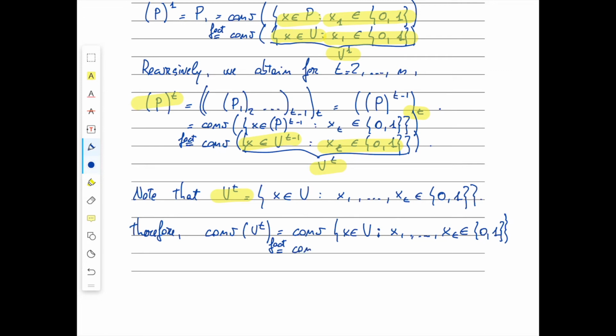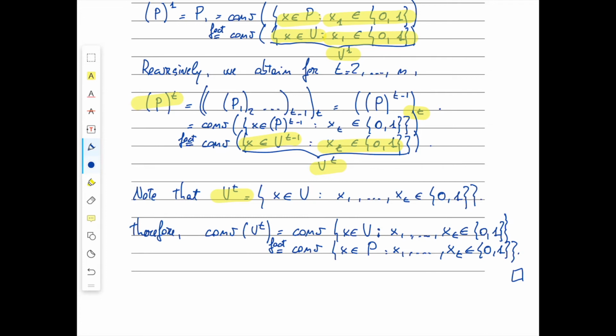So this is conv of the set of points in P with x1 until xt in {0, 1}. And this is exactly what we had to show. So this concludes the proof of the convexification theorem.